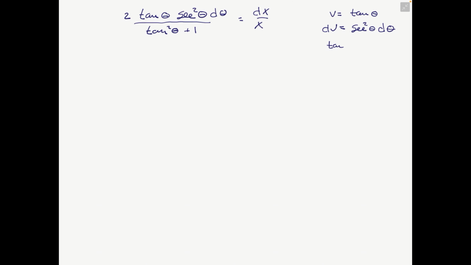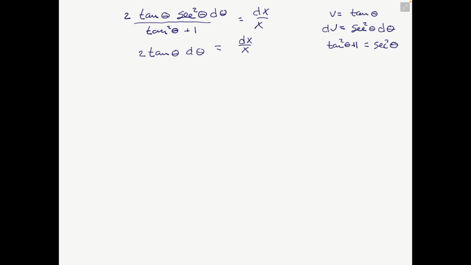And then we know that tangent squared theta plus 1 is secant squared theta. So those terms go out, and we're left with 2 tan theta d theta equals dx on x.